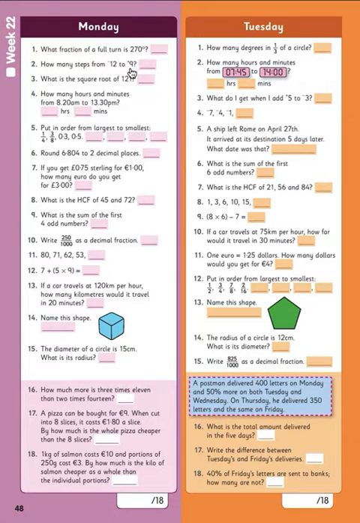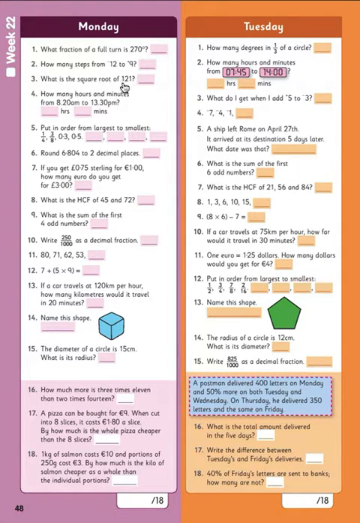Then number 3, what is the square root of 121? Square root meaning that this is a square number because it was made by multiplying the same number together twice. So square root means, can we get back to the root of it? Can we get back to the number that we multiplied by itself to get to 121?